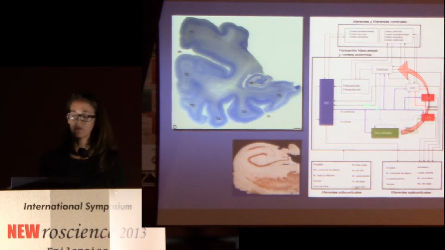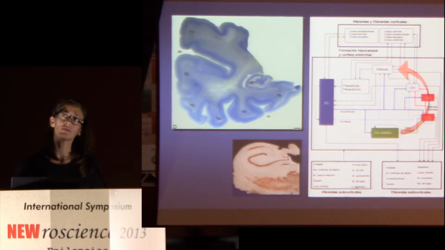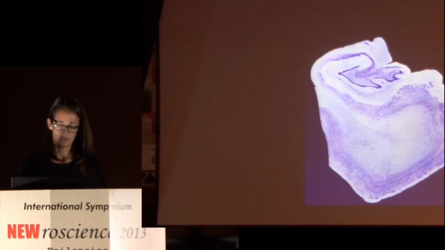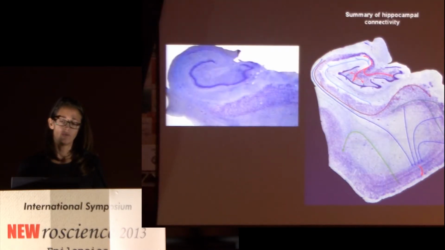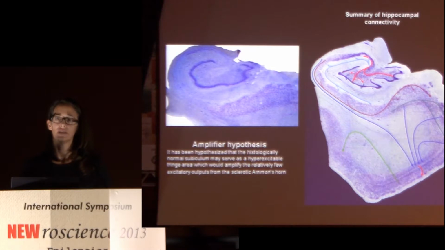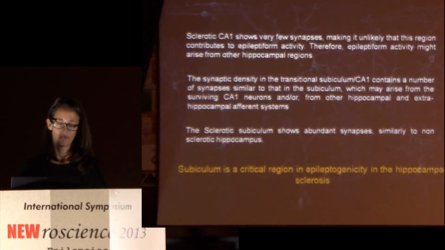It's possible that the neurons located here, which are lost, are not connected anymore to the subiculum. So, if we consider this fact, we think that the subiculum may serve as a hyper-excitable fringe area which would amplify the relatively few excitatory outputs from the sclerotic Ammon's horn.